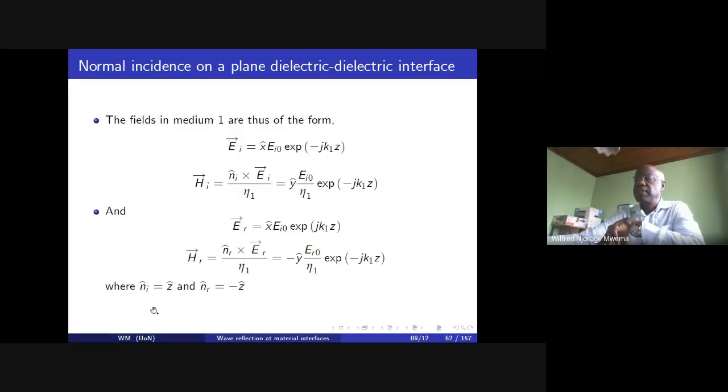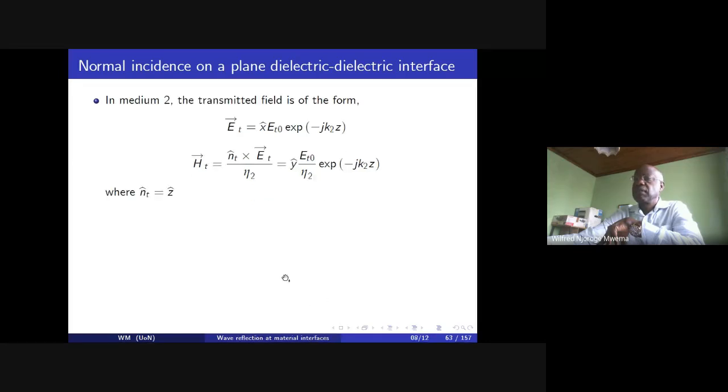What we notice is that the unit vectors or the direction vectors are given as follows. NI is in the same direction as z cap, NR is in the opposite direction to z cap. In medium 2 as well, we have the transmitted fields in the form of that value.